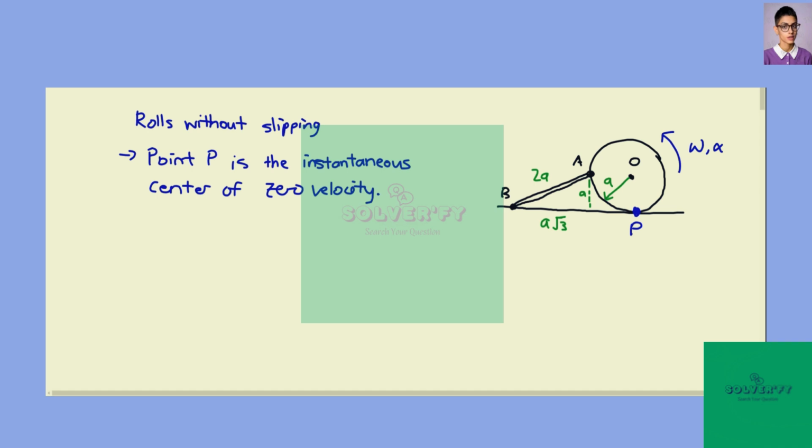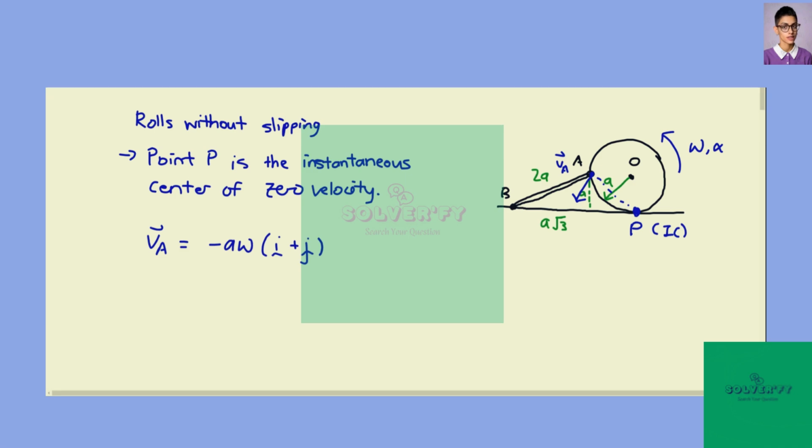So that means that at point A, the direction of velocity will be something like this. This is pretty standard. It's going to be minus A omega I plus J.